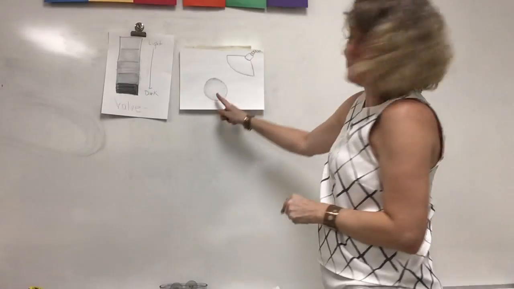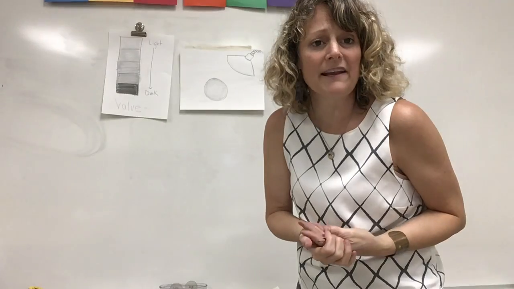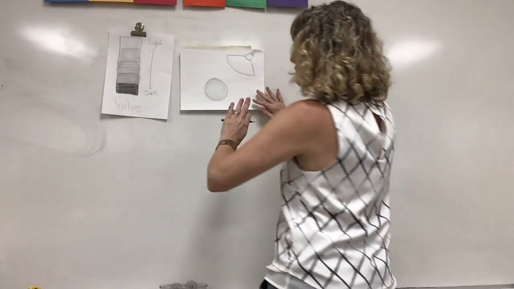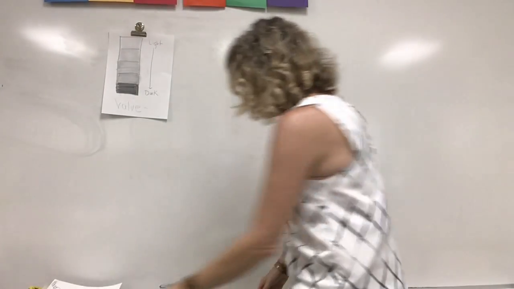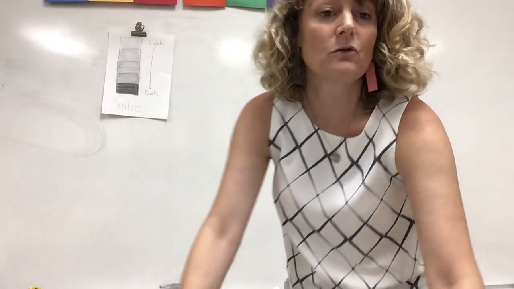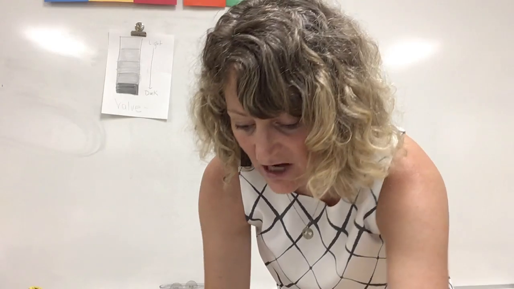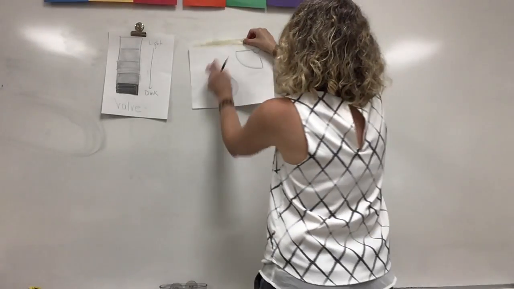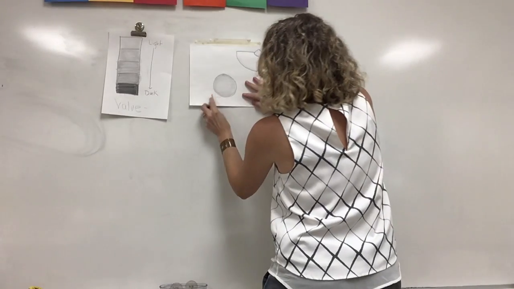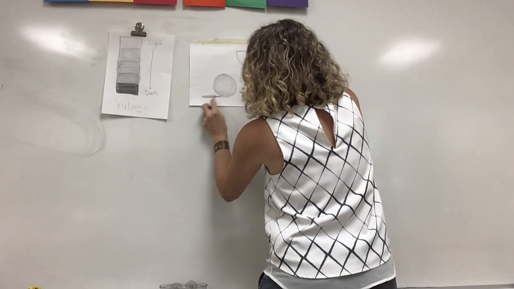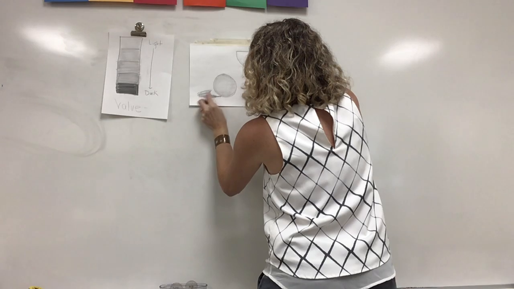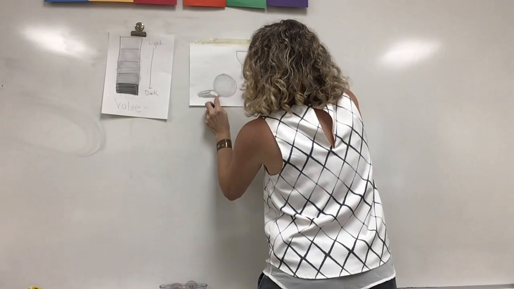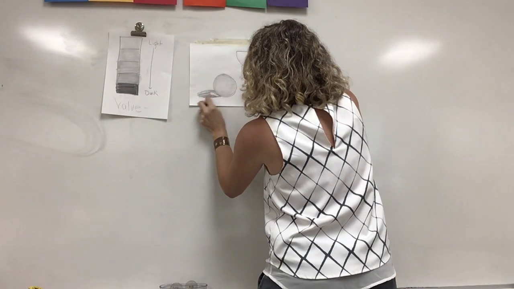So right now it's a very, very light gray. Before you do anything else, after you do that, I would make sure that you go ahead and do your darkest, which would be the shadow. Make the shadow very, very dark. That's going to help you as well. Same thing, I'm going to go slow.